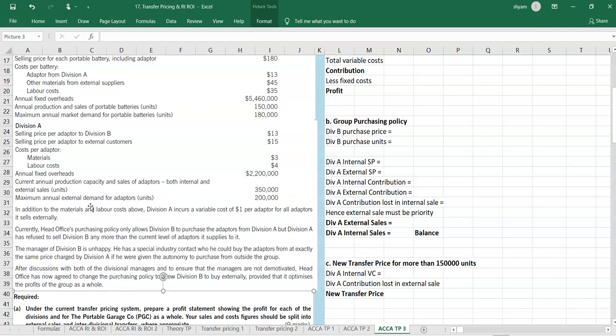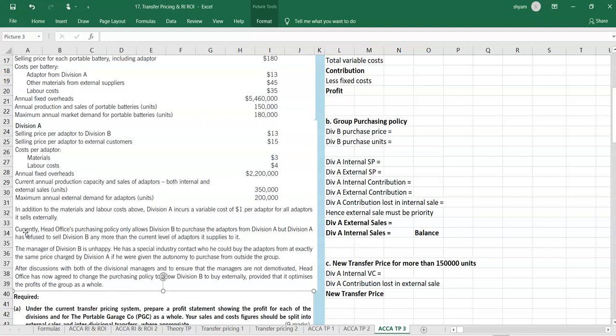And what is the maximum external demand they have? The maximum external demand is 200,000. In addition to the materials and labor costs above, Division A incurs a variable cost of $1 per adapter for all adapters it sells externally. So if they sell externally, they are going to incur another $1, which is not given in the problem.